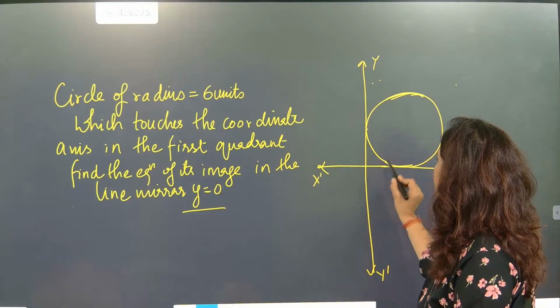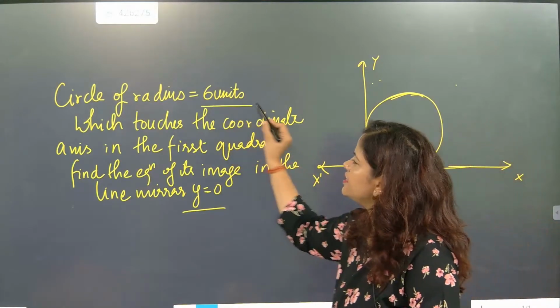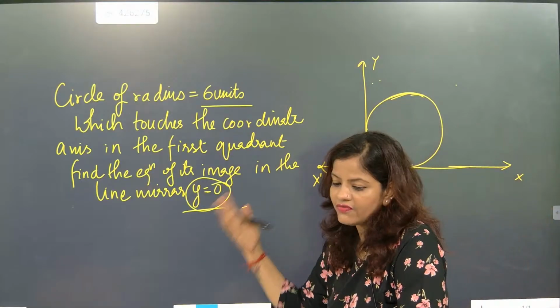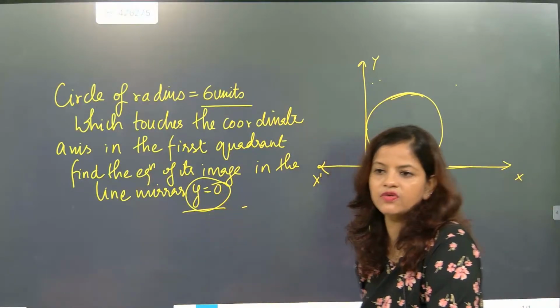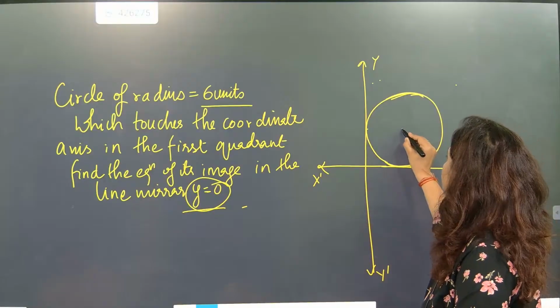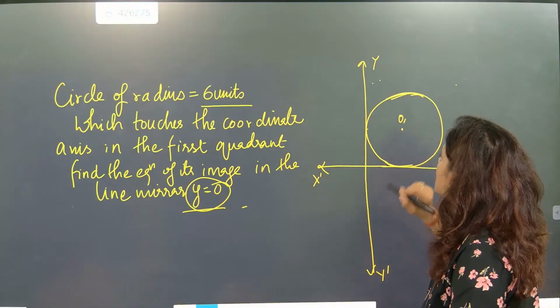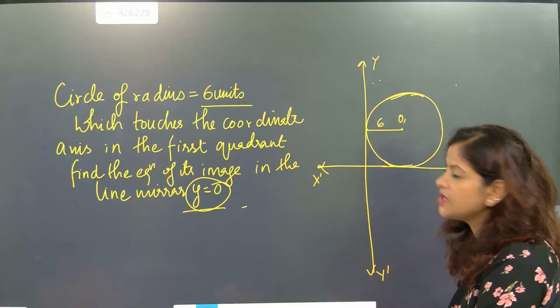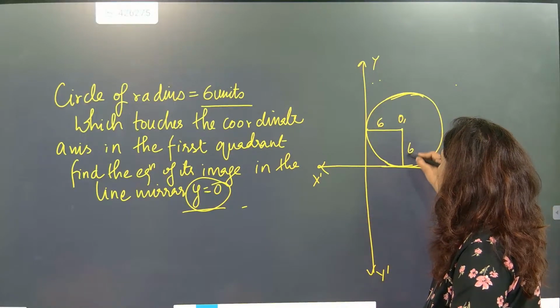Whenever the circle touches the x-axis and its radius is given, and already y is equal to 0, then 100% this will become the center of the circle and this distance will be taken as the radius, which is 6 units. Another radius will be here, it is 6 units.